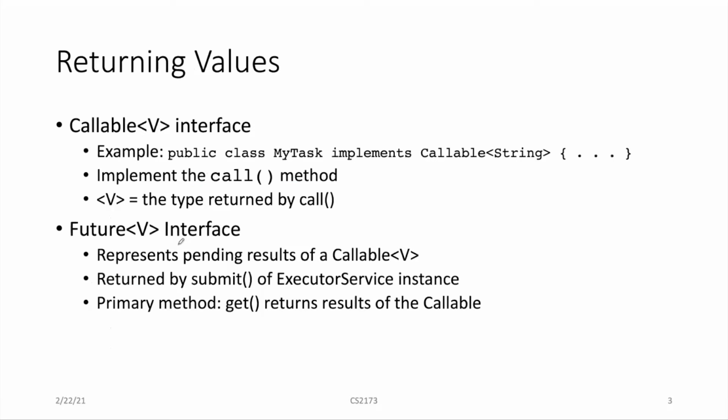And then finally, and this is leading towards what I'm asking you to do, there is another pair of interfaces, only one of which you'll be explicitly dealing with. And that is the callable interface. The idea of the callable interface is that we want to return something.